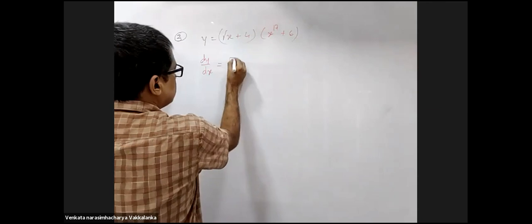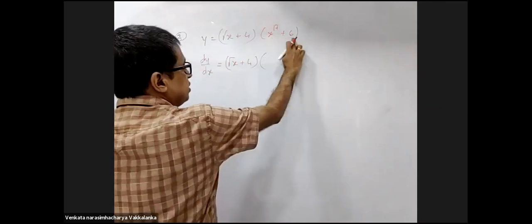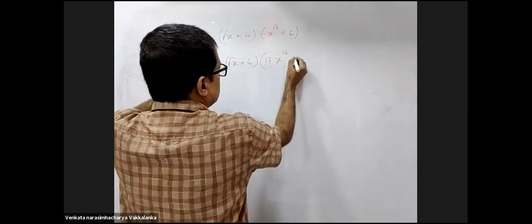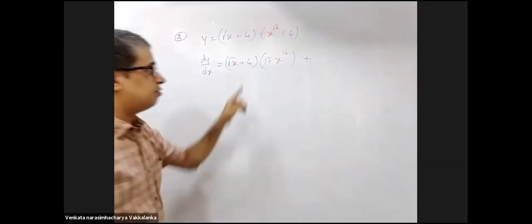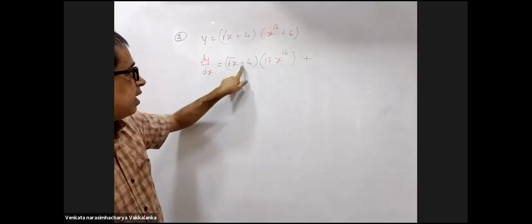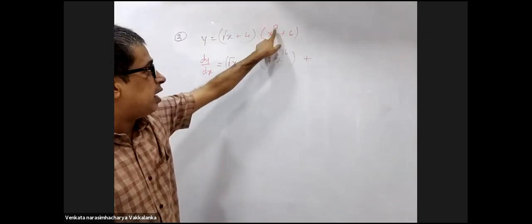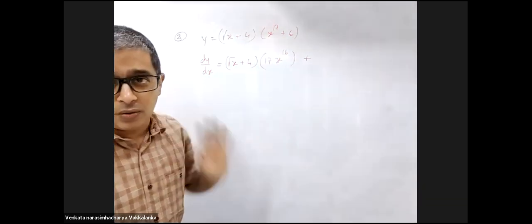I'll keep root x plus 4 as it is and differentiate the other factor: 17x to the power 16 plus 0. First step, is it clear? I kept this as it is and differentiated this, using n x to the power n minus 1. Differentiation of 6 is 0.